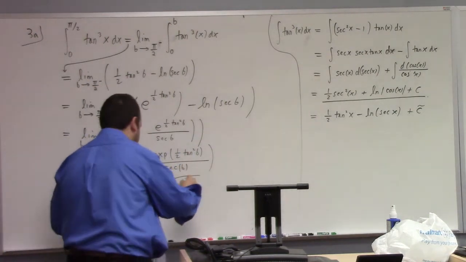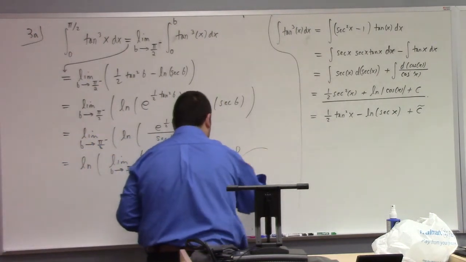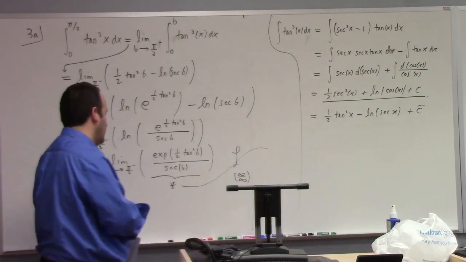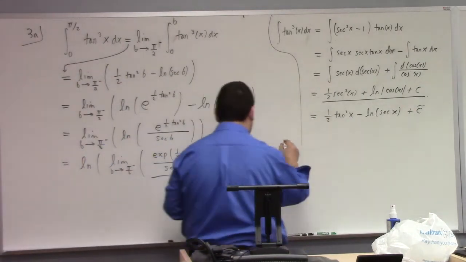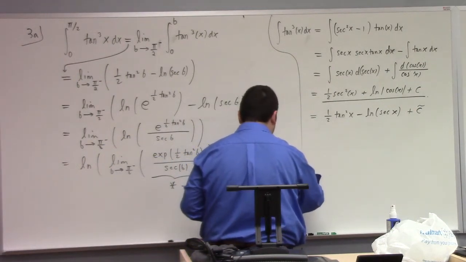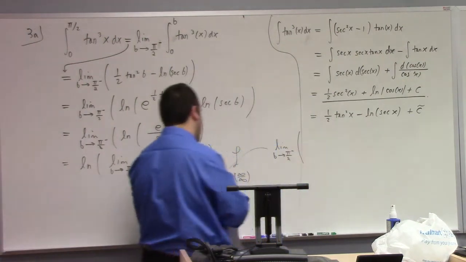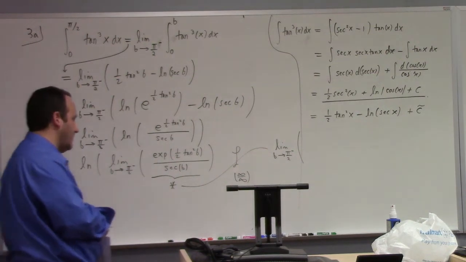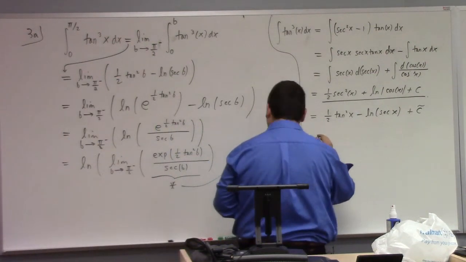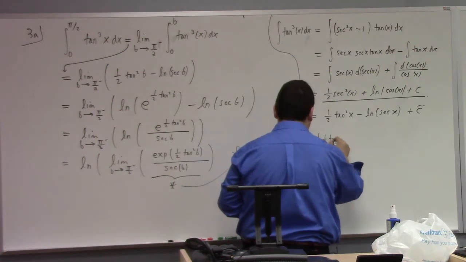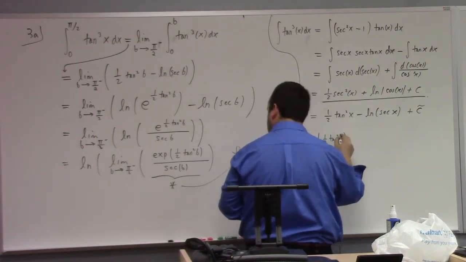So by L'Hopital's rule, on type infinity over infinity, what do we got here? So I differentiate the top, what's that give me? Something weird, exponential of 1/2 tangent squared b.